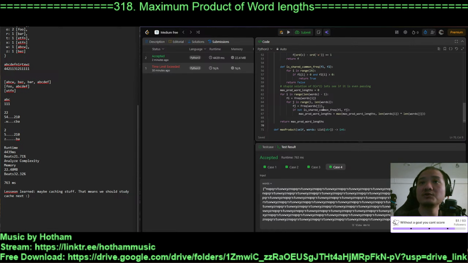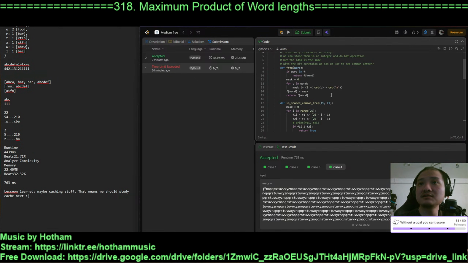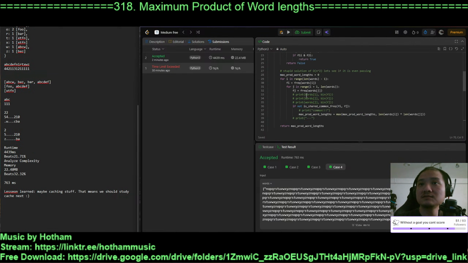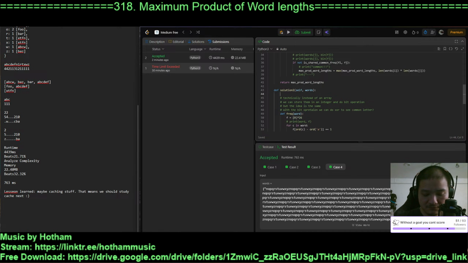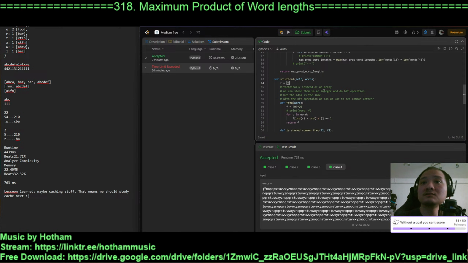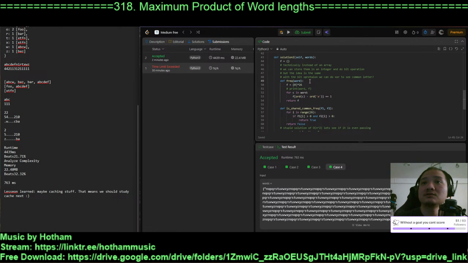Right, so we could also do the same idea here. For this, right? Frequency here, FC. If word in FC, return FC of word, otherwise compute it.